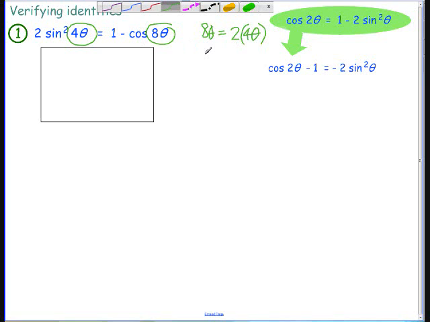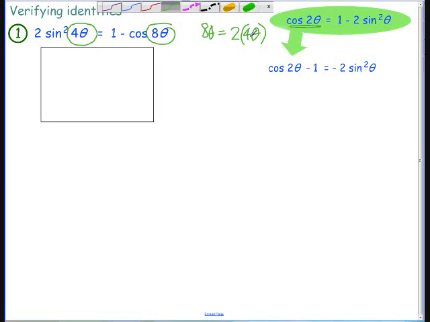So if I thought of this as double this, I could use this identity, couldn't I? The double angle identity, going from double angle to single. In this case, I'll be going from 8 to 4.